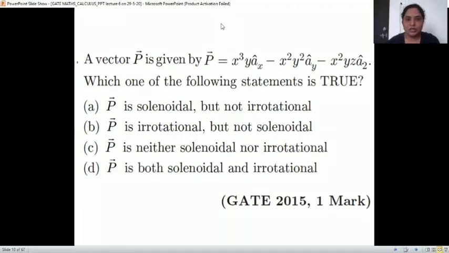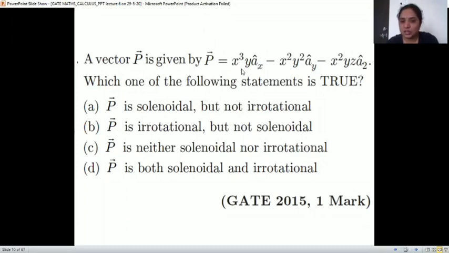What is solenoidal? If we have vector p bar, then it is called solenoidal if the dot product with del of the vector, that is del dot p bar, is equal to 0. If del dot p bar is 0, then we can say it is solenoidal.